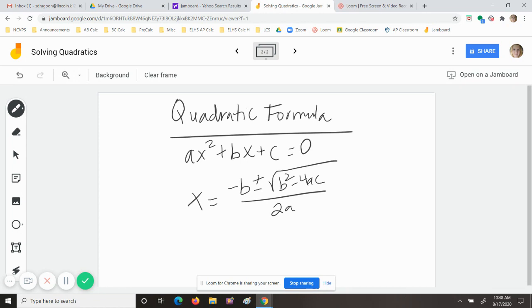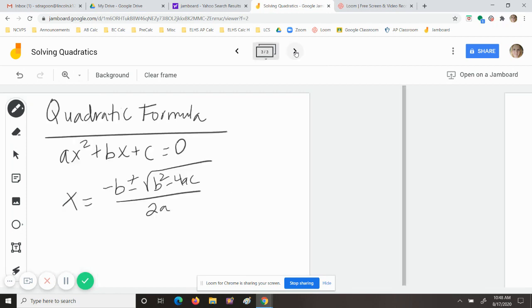That formula will allow you to solve any quadratic equation, whether you can factor or not. So some people prefer the quadratic formula, and again, you can use that on any quadratic equation.